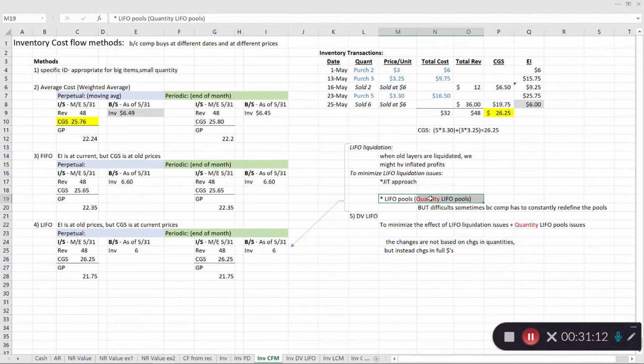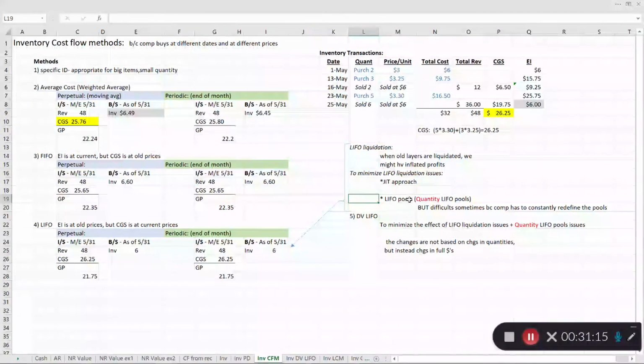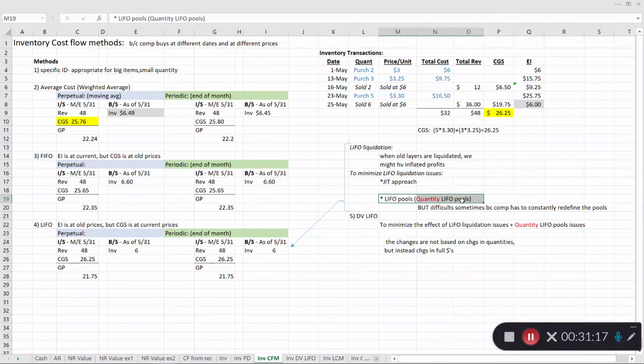And that could be a solution, but sometimes that's a little bit difficult because you're going to have to continuously redefine those pools, that grouping of inventory items.